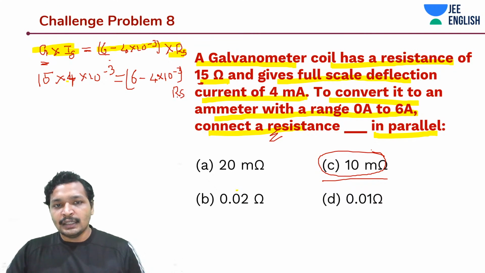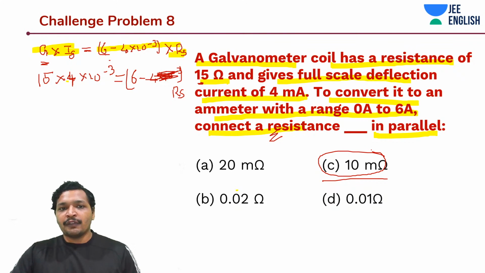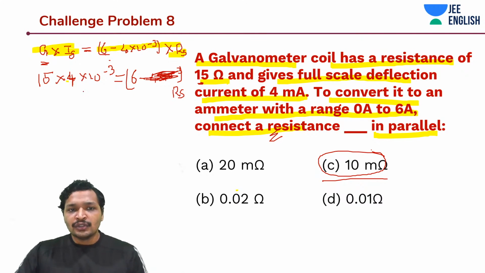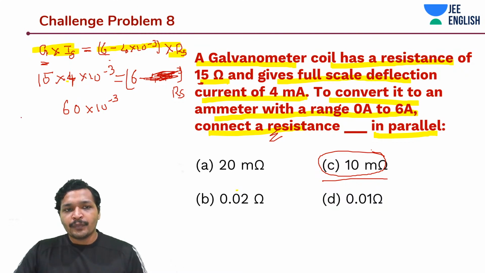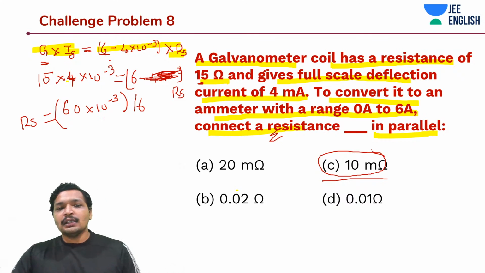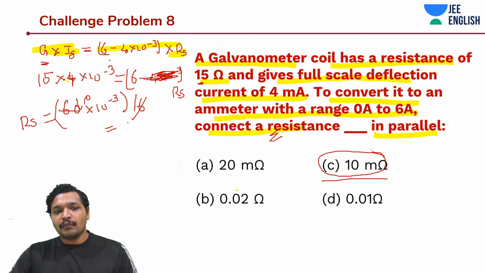I'm just ignoring this small part because it's not so significant, and you need to do this in your exams. So this is 60 into 10 to the power minus 3 divided by 6. That's going to be 10, right? 10 milliohm.